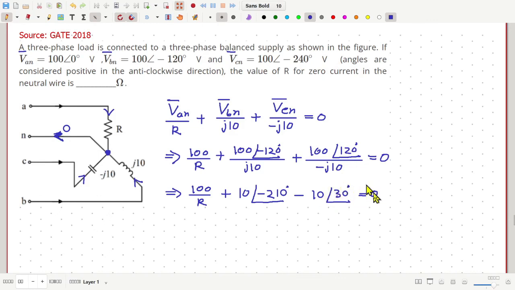This is equal to 0. Now minus 210 degree is the same as plus 150 degree.